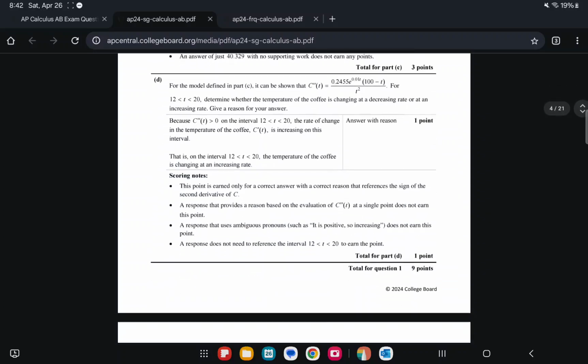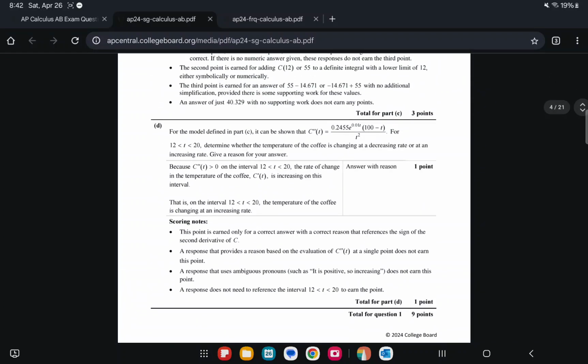So finally, moving on to D. D is the only one that's worth 1 point, but we can say because c double prime is greater than 0 on the interval 12 less than t less than 20, the rate of change in the temperature of the coffee, c prime, is increasing on the interval.